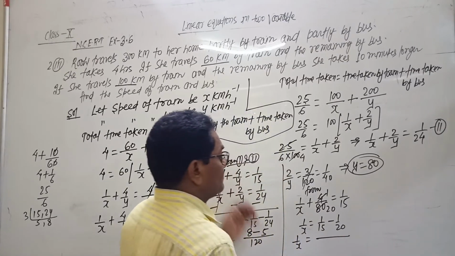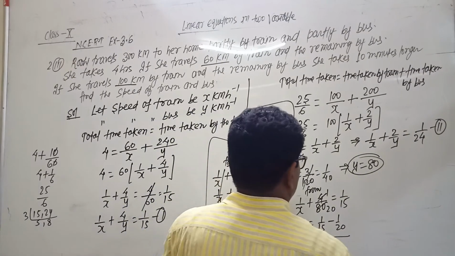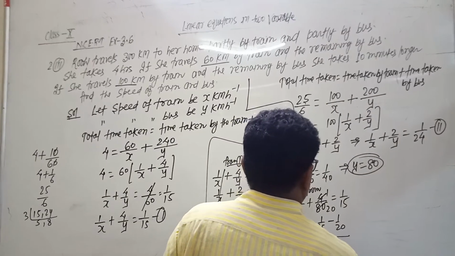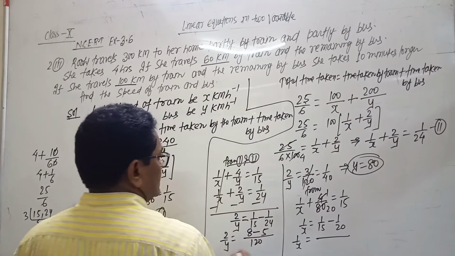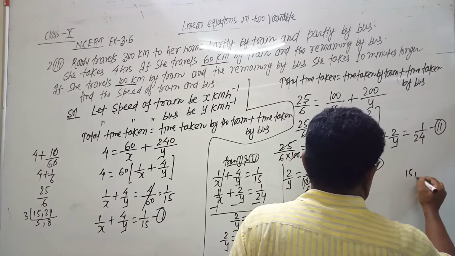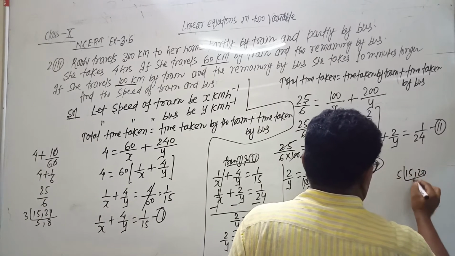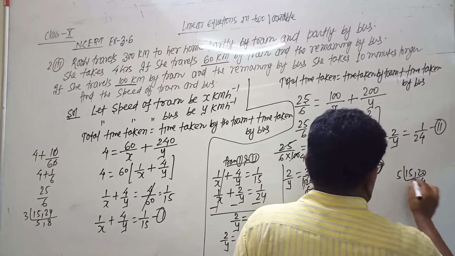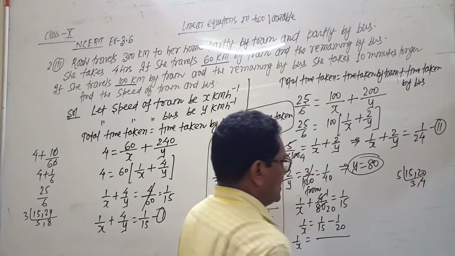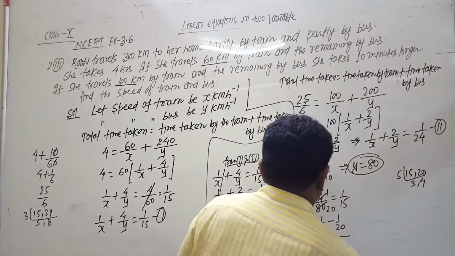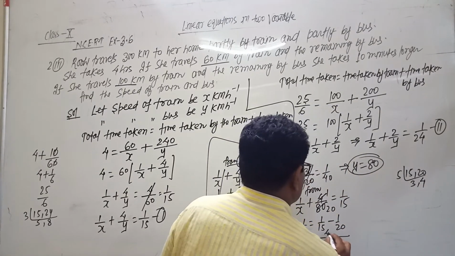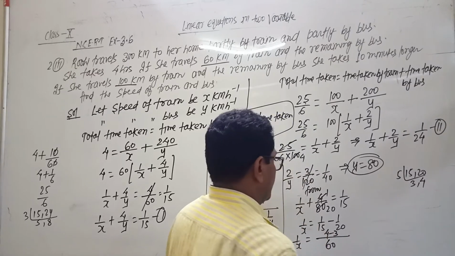LCM of 15 and 20 comes to be 60. 20 into 3 is 60, 15 into 4 is 60.